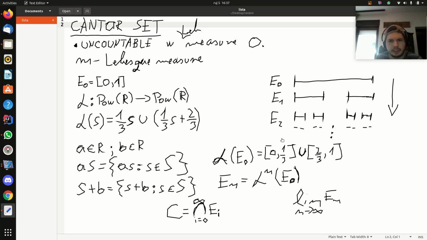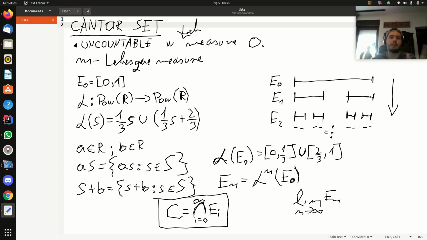Okay, so the Cantor set is this weird limit set, the infinite intersection of these sets where we just remove the middle third and we go on, and they're nested, so we're gonna be left with something.